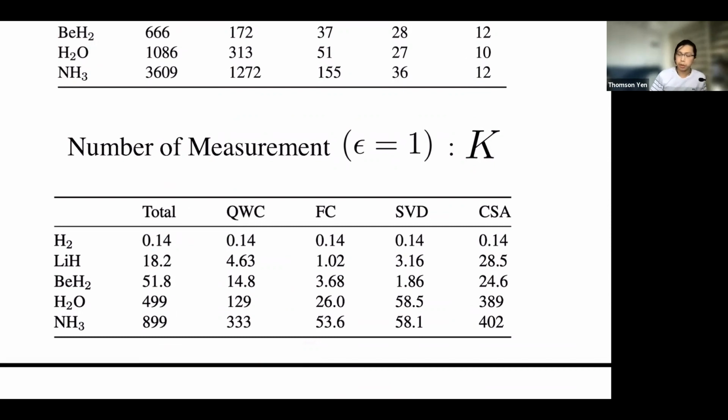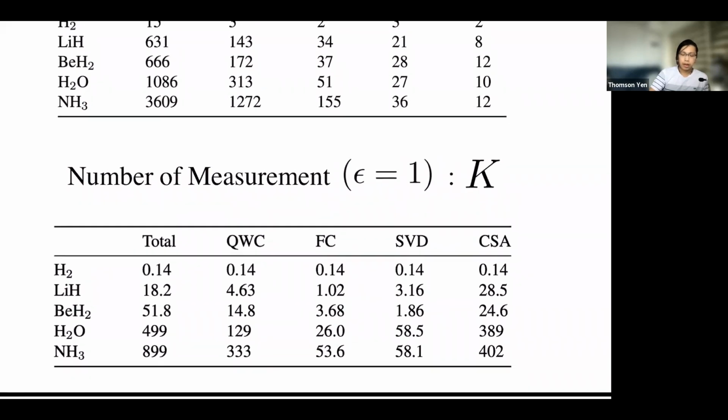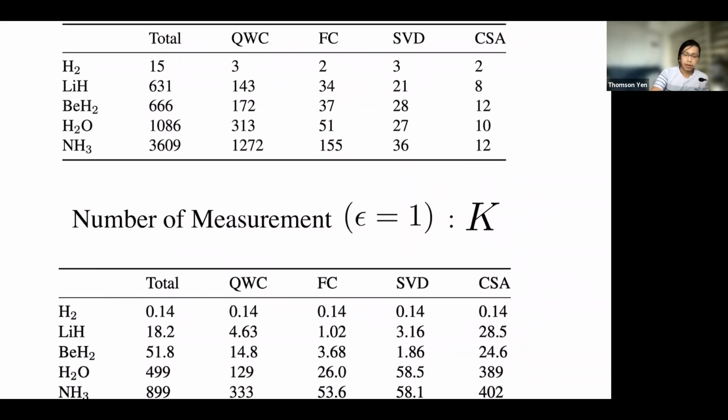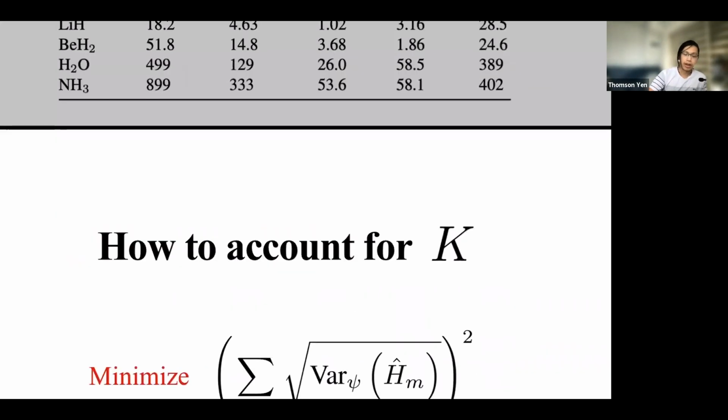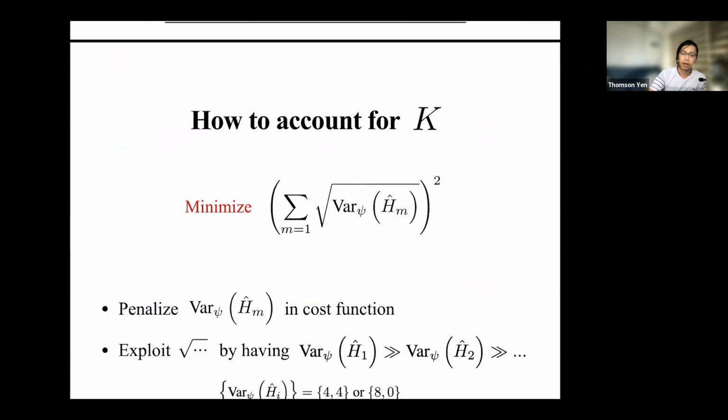But when we look at the Fermionic Algebra method, it turns out that even though your number of groups is decreasing as you go from here to here, your number of measurements needed is actually increasing because the variances of the fragments aren't favorable. So this is where we changed the direction of the research and tried to instead account for K.